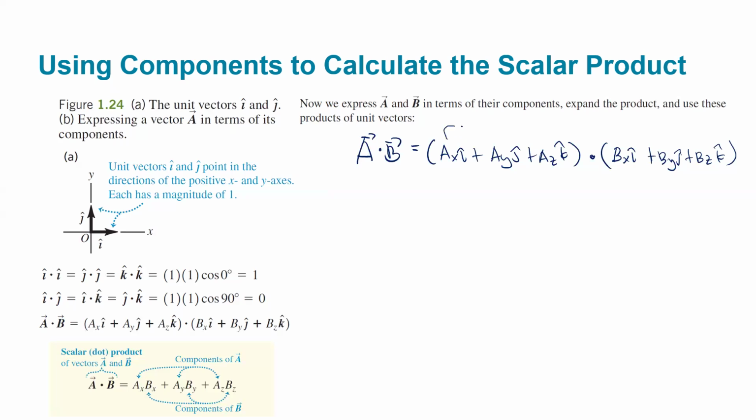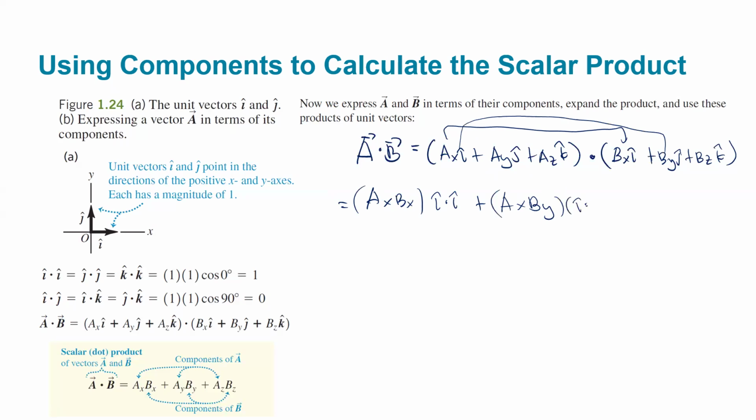Let's distribute now this one times this one. So we have A_x B_x, i hat dot i hat, plus the next, A_x and B_y.